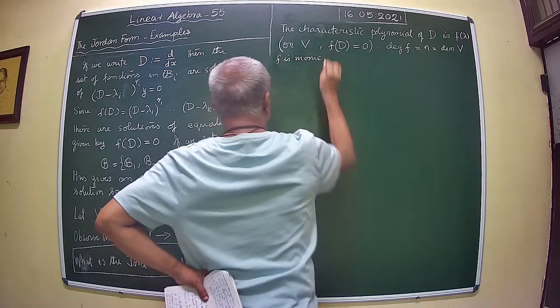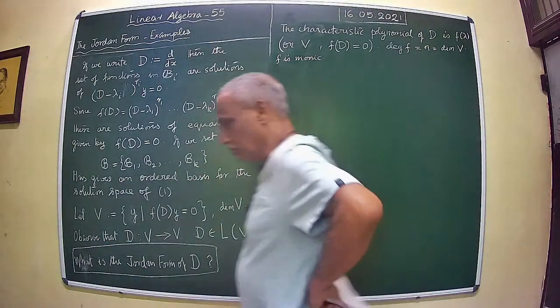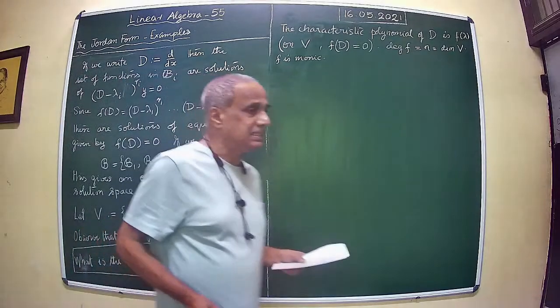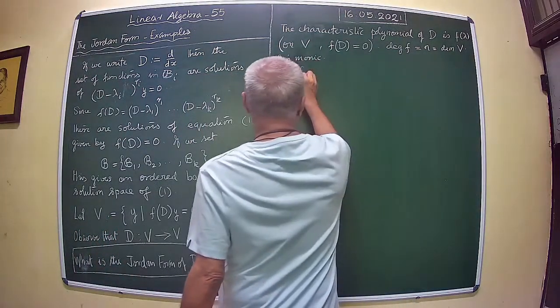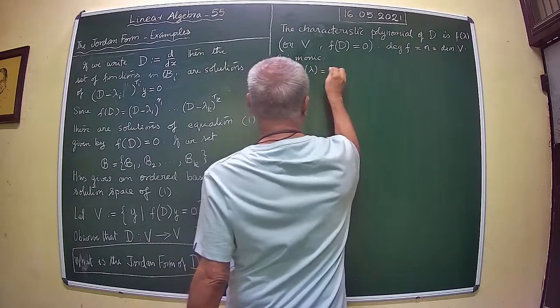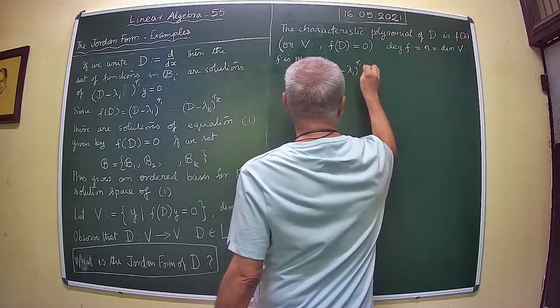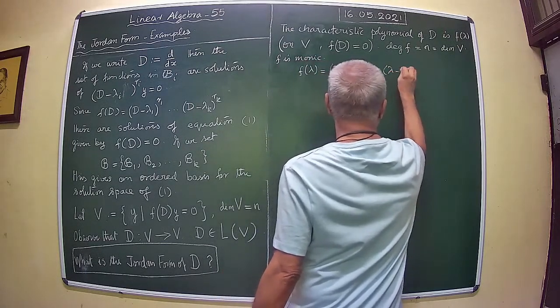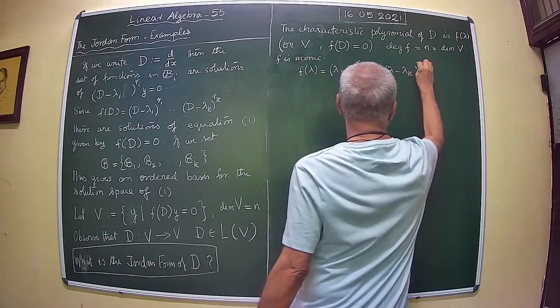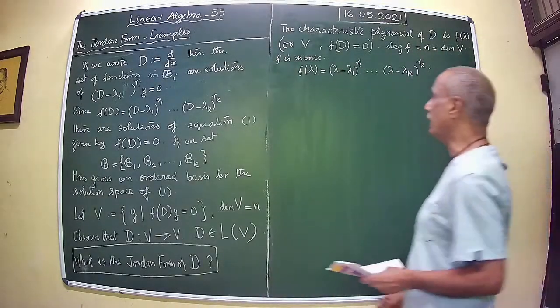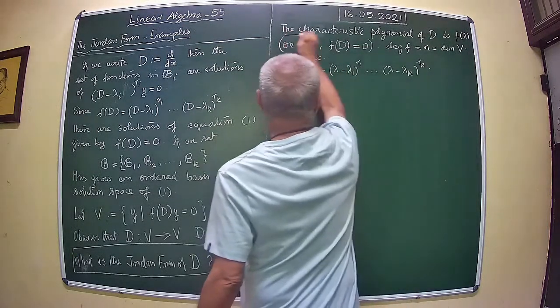So all these things put together, it follows that this is the characteristic polynomial. Now f lambda is given as we have seen.